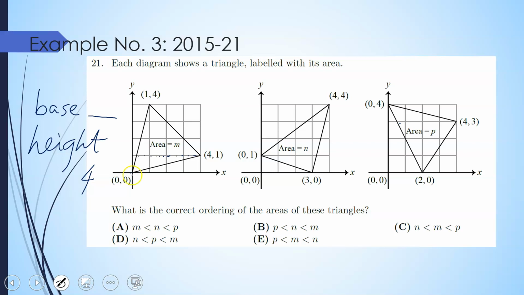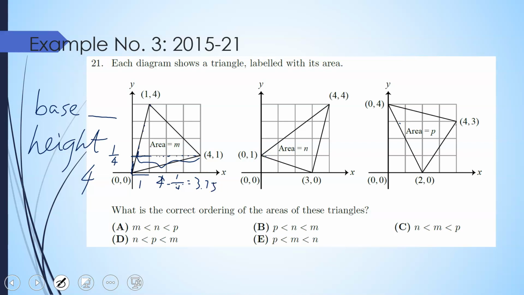So the length on this side is 1. The height is 4. So when you draw a diagonal, this one happens to bisect this line at the 1/4 point. If we know this, so the length will be 4 minus 1/4 equals 3.75.